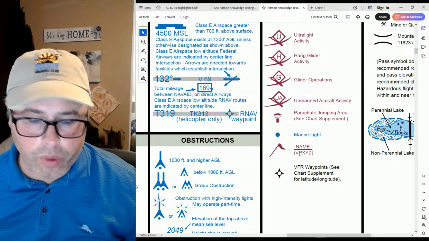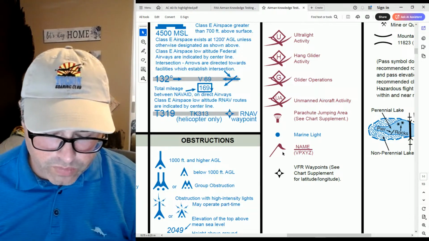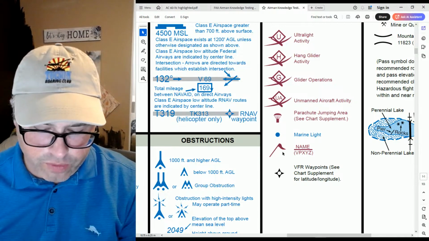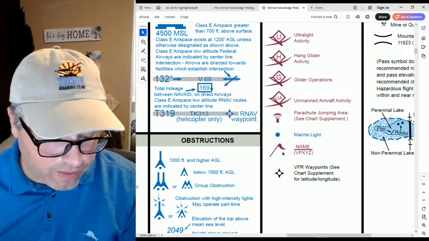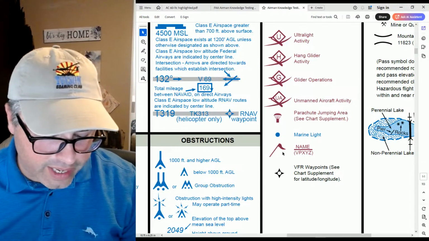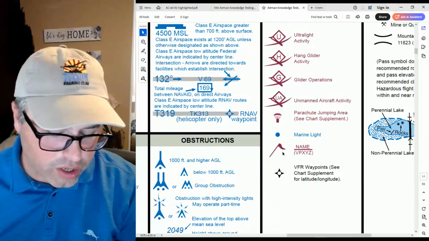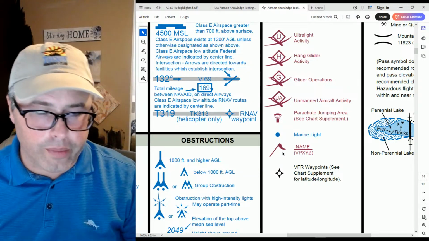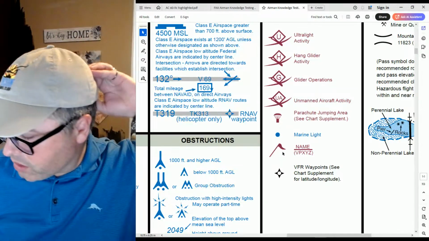These are visual reporting points that are seen on sectionals. It's very easy to identify Lake Drummond from the air. These are points that ATC has to memorize, so we say, hey, I'm over Lake Drummond. They get tested on what those visual reporting points are, and they're expected to know them. So if you call up and say, hey, I'm over Lake Drummond, or they'll say fly to Lake Drummond, that's what it is.